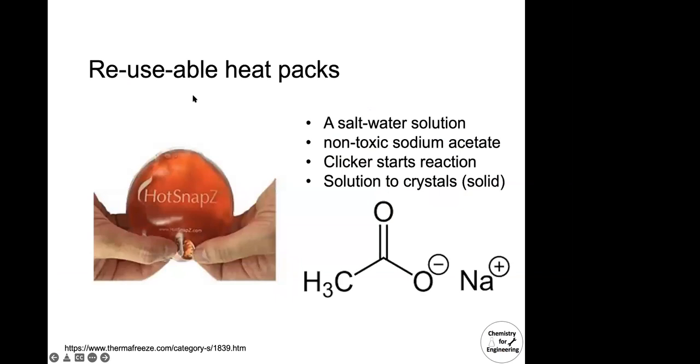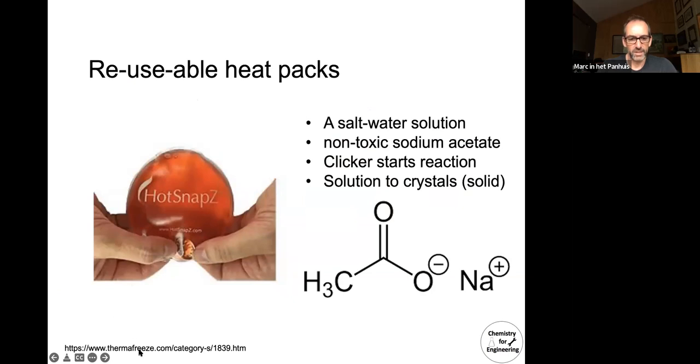You can actually buy reusable heat packs. There's a reference there where I got this information from, and it usually has some form of sodium acetate in there, and then it's got this sturdy plastic bit.